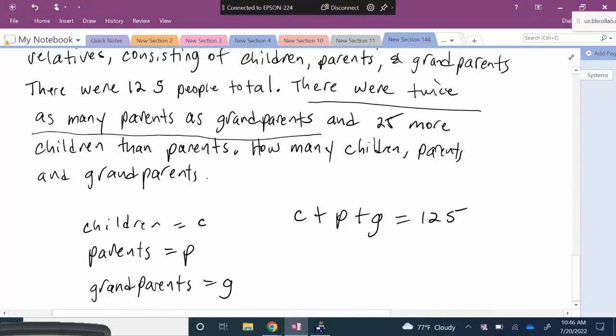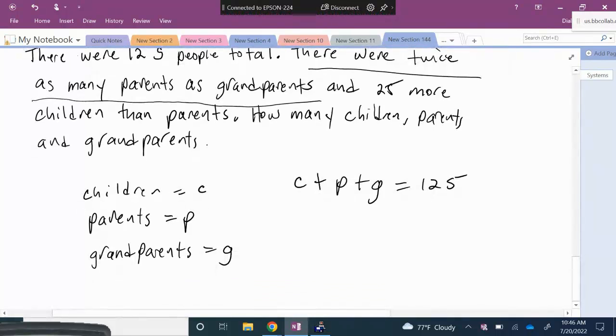So the number of parents is going to equal twice the number of grandparents.